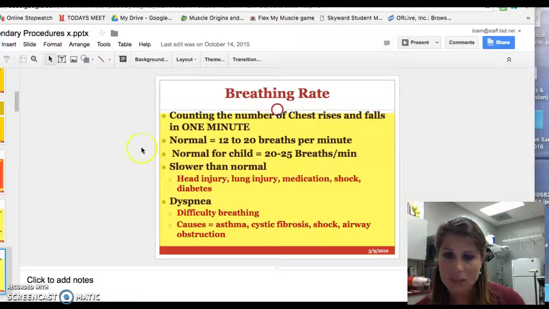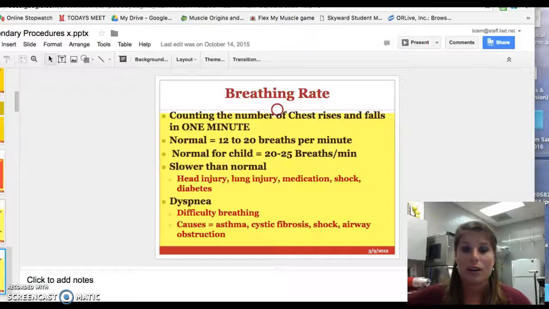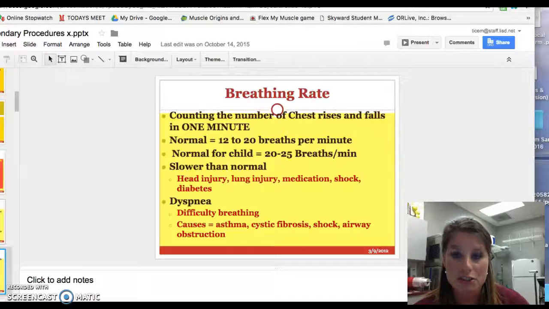Normal for an adult is going to be 12 to 20 breaths per minute, which is not a lot, but you're also at rest, so you don't need a whole lot of extra oxygen. Just like with the heart rate, for a child, it does increase to 20 to 25 breaths per minute. You do typically breathe a little bit faster, more times in a minute.